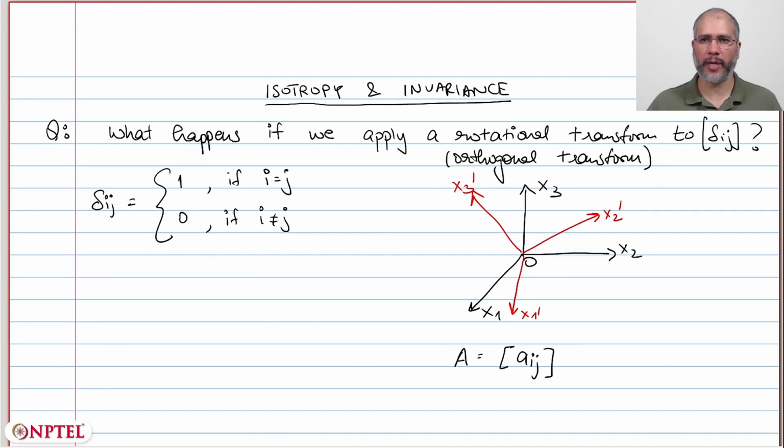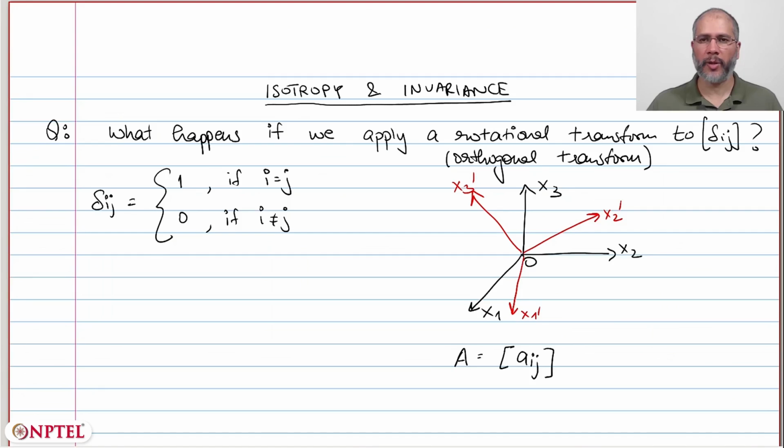Second order tensors, which have 9 components, will most probably have different 9 components if you look at them from a rotated coordinate system. Also, the 9 new components of sigma prime will depend on the amount of rotation, or it depends on the transformation matrix A that you have.